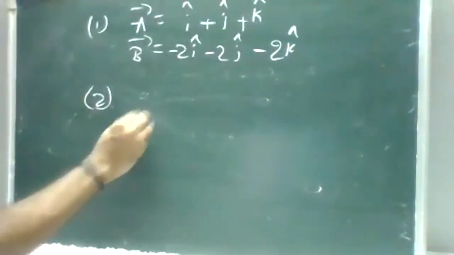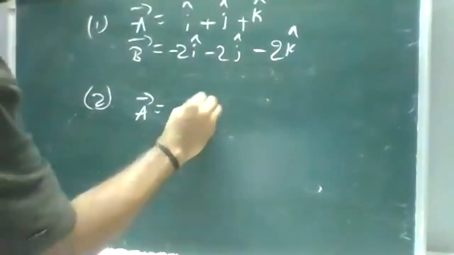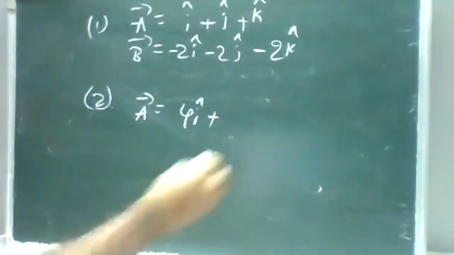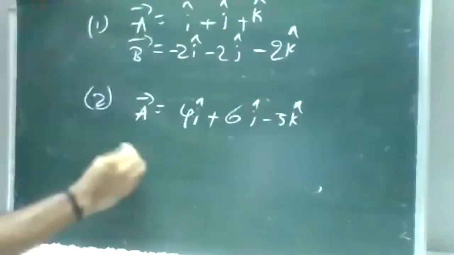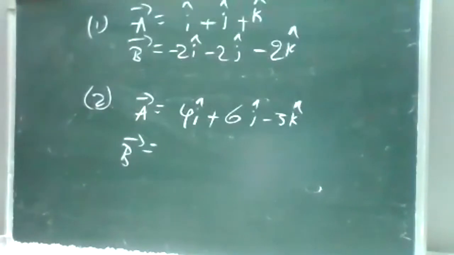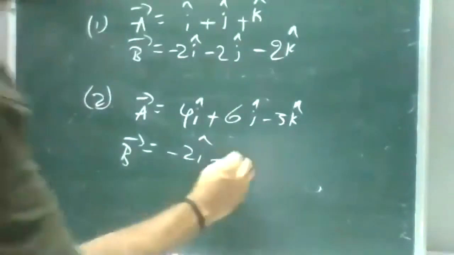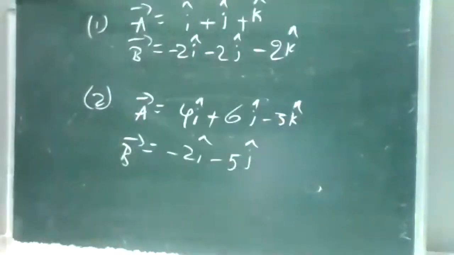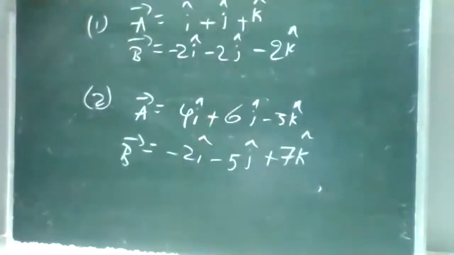A vector is equal to 4i cap plus 6j cap minus 3k cap, and B vector equal to minus 2i cap minus 5j cap plus 7k cap. So for these two problems, we are going to find the angles. Try to find the angles.